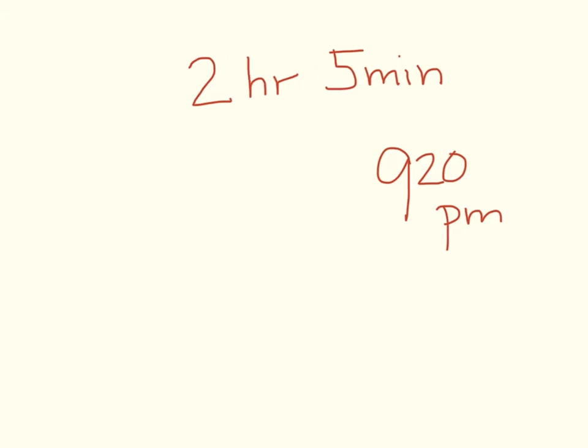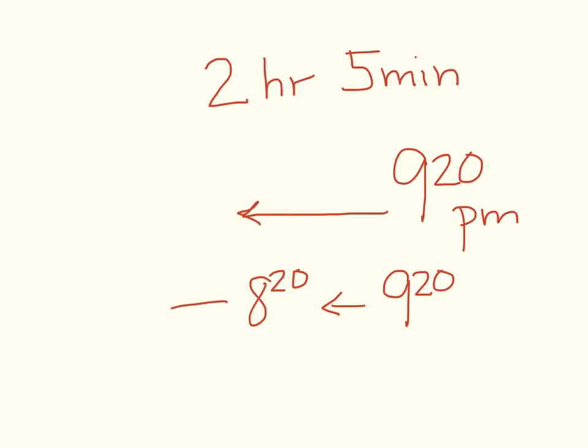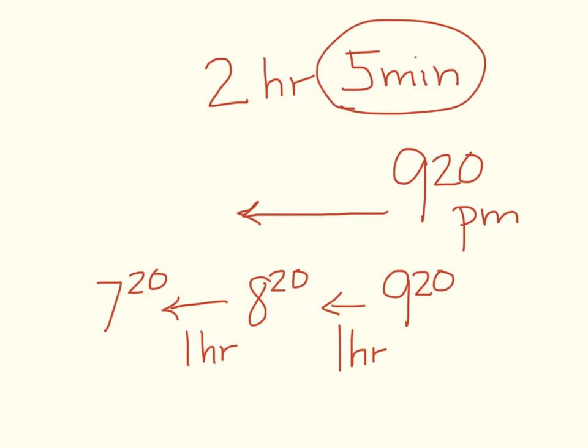So we need to back up and say our 9:20 has to go 2 hours and 5 minutes earlier. From 9:20, back an hour would be 8:20, back another hour would be 7:20. Now that gives me 2 hours, but I still have 5 minutes that need to be moved back.